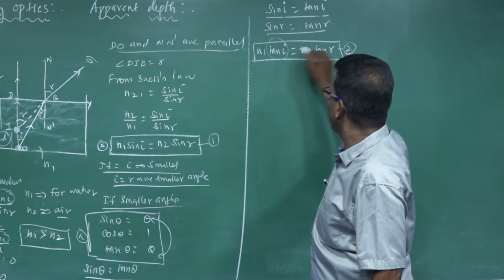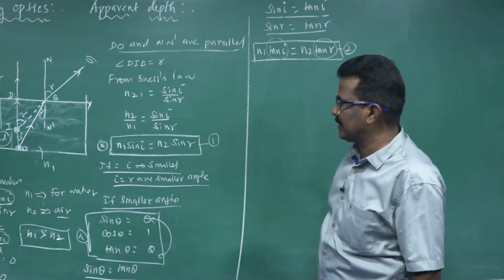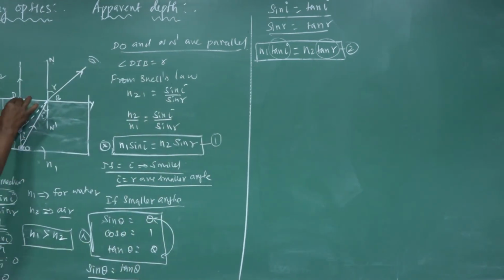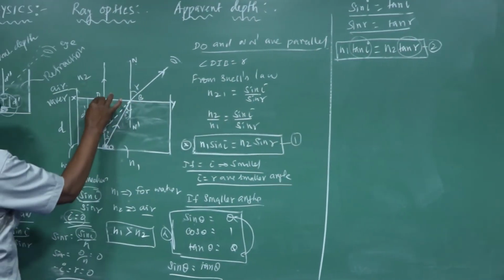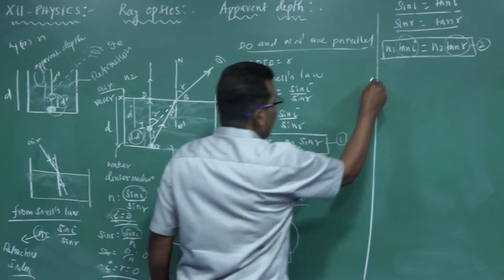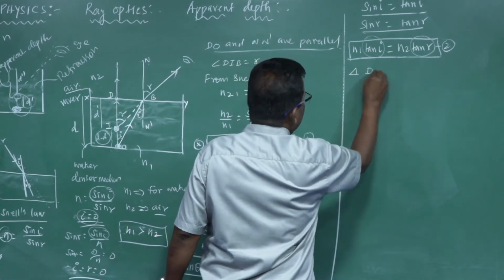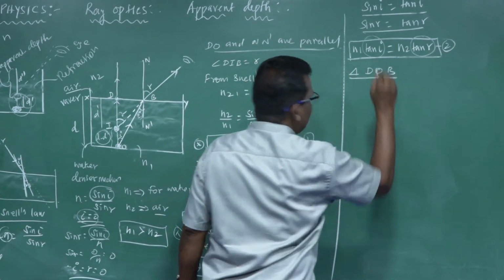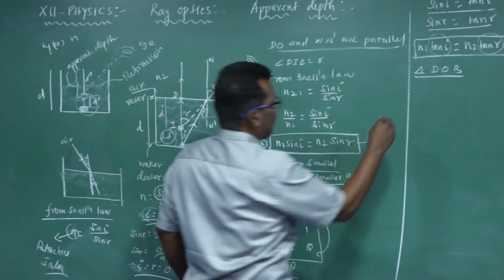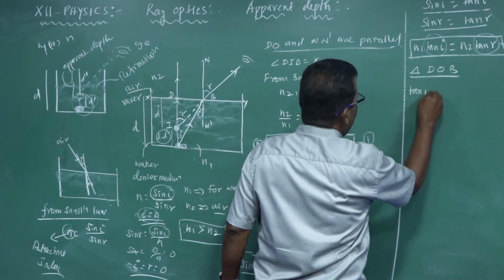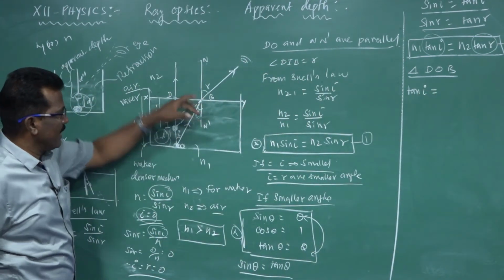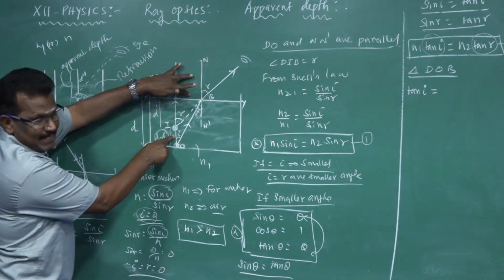So now we are going to calculate tan I and tan R from this diagram. In this right angle triangle DOB, what is tan I? Tan is opposite divided by adjacent.